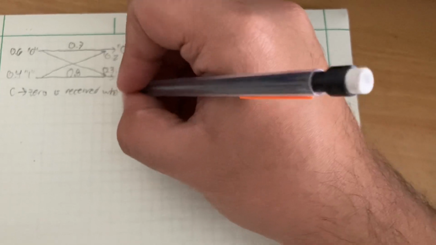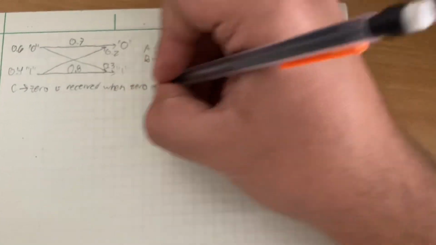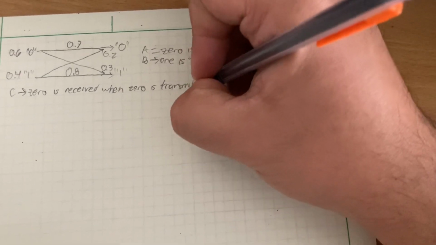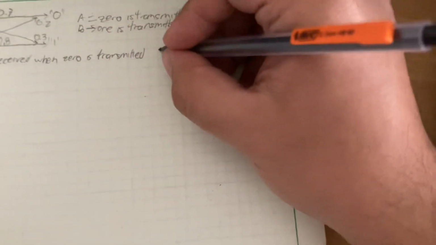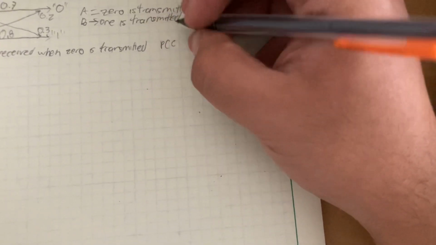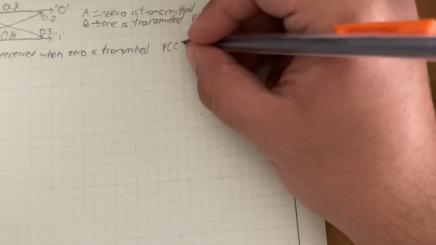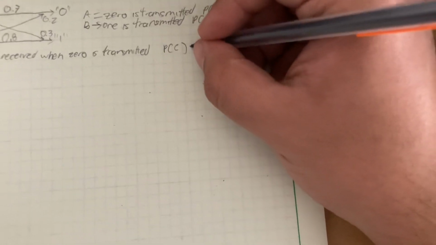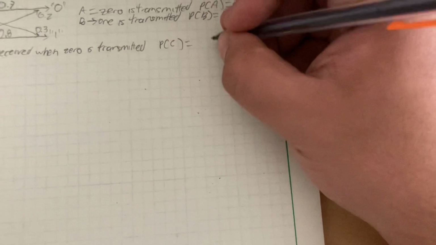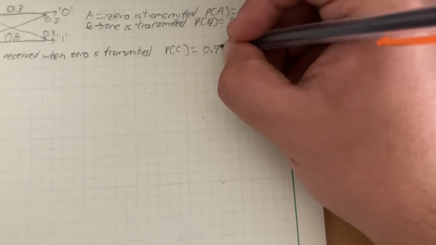when 0 is transmitted. The probability of C equal to 0.7.